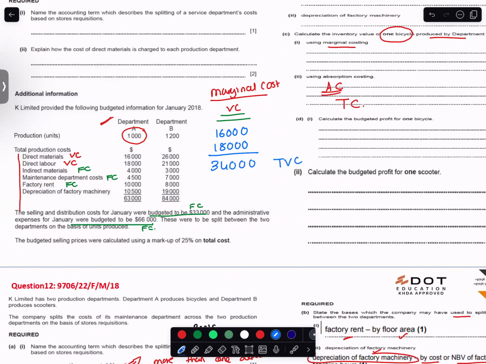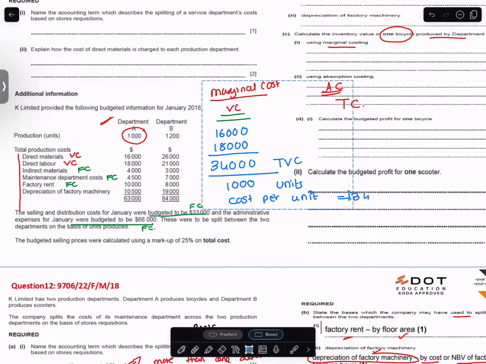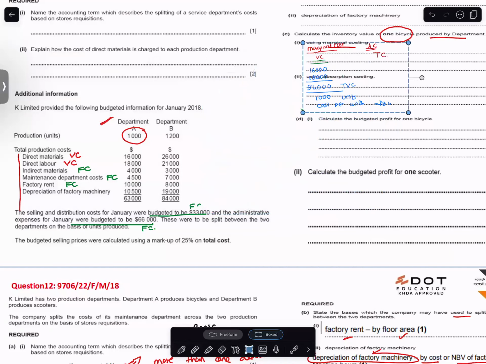For 1,000 units. If you divide the variable cost by the number of units, you will get the cost per unit. So the cost per unit is 34. So as per marginal costing, the cost of one bicycle is 34. Giving you time, please do it.